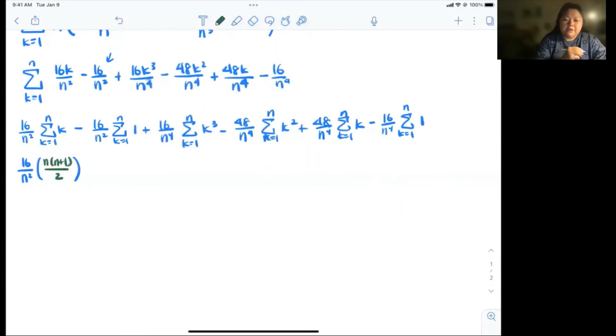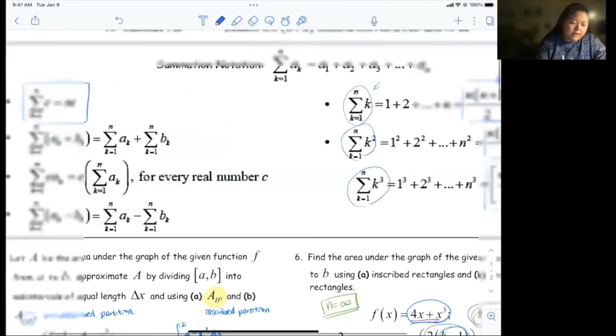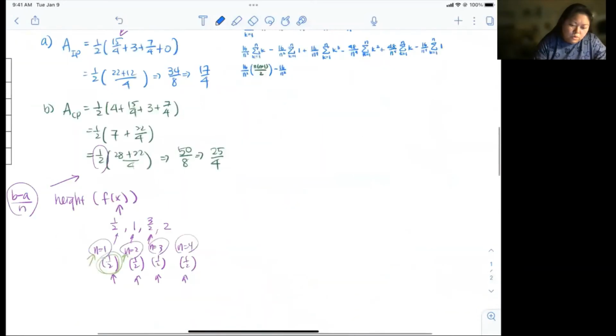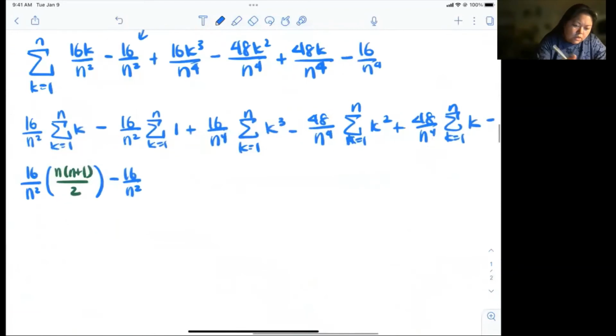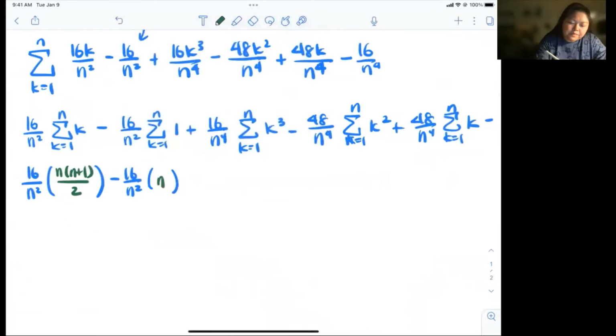That was the formula there. Minus 16 over n squared, and when it's a constant, it is simply n times c. So n times 1 is n, okay?